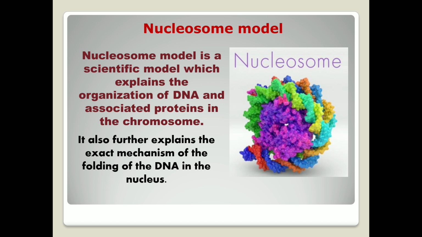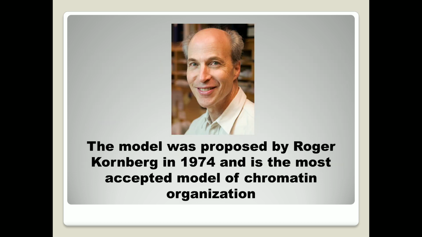Further, it explains the exact mechanism of the foldings formed in the structure of DNA in the nucleus. This nucleosome model was proposed by Roger Kornberg in 1974, and it is the most accepted model for chromatin organization.